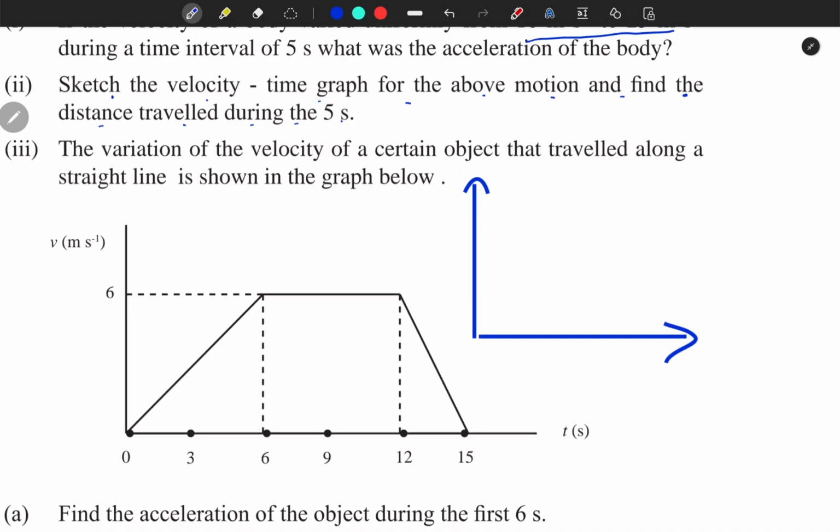If it is a velocity time graph, you have to label the graph and write the unit as well. You have to label what is the axis and what is the unit, and then put 0 here.